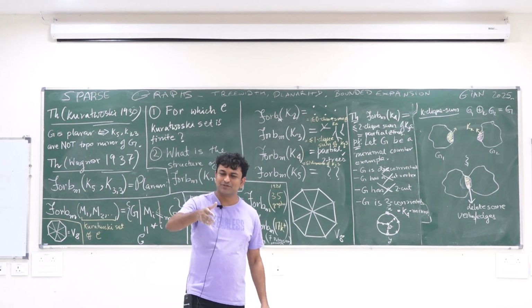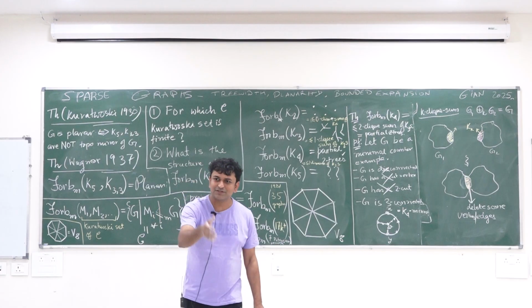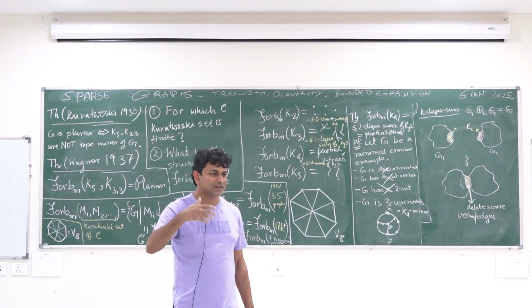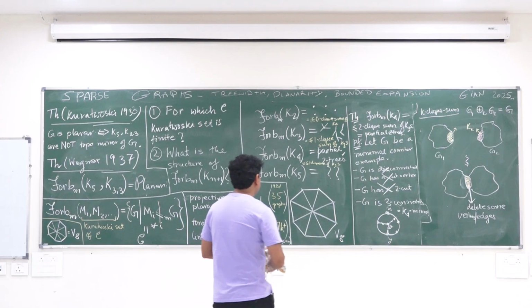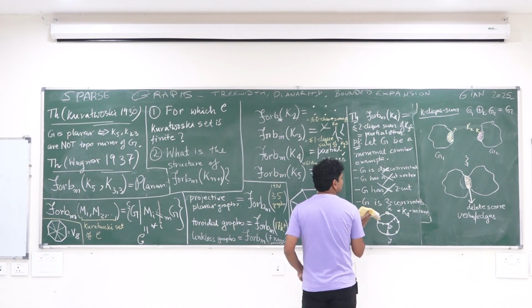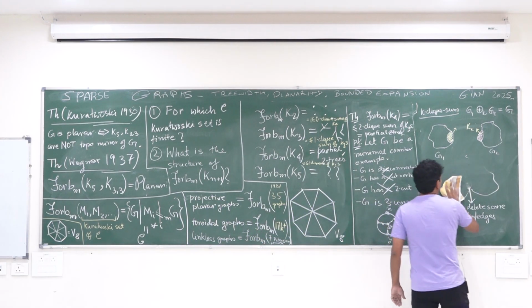And so you think that if you can solve it for planar graphs, you have developed a lot of techniques and maybe you can extend those. And many times that happens. So planar graphs are regarded very important.